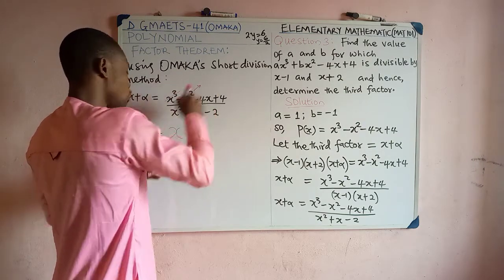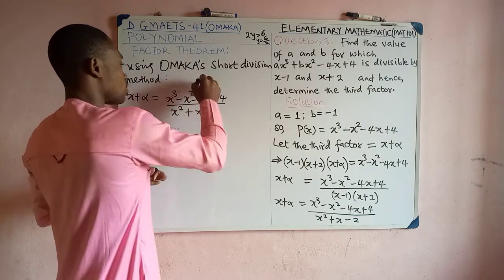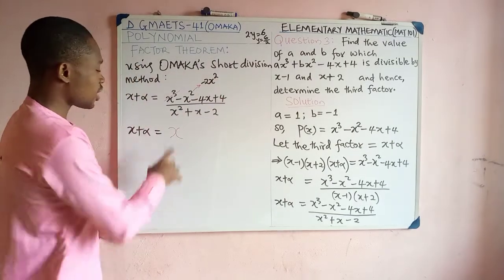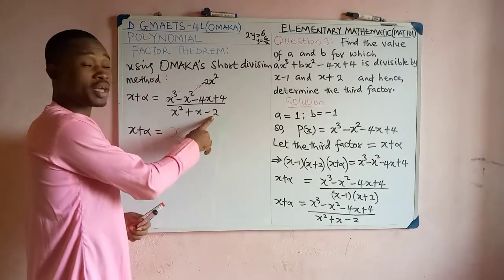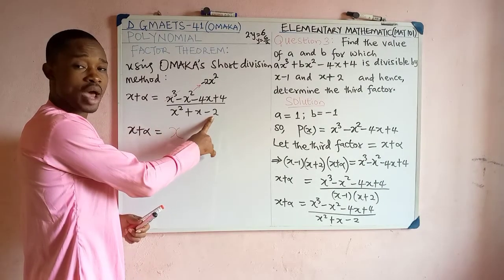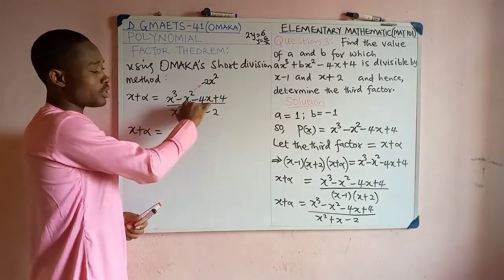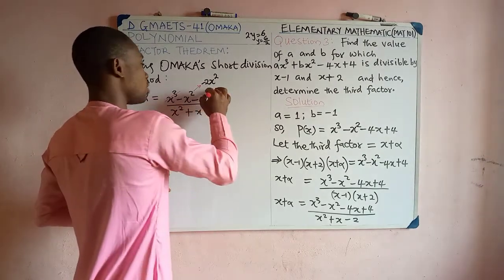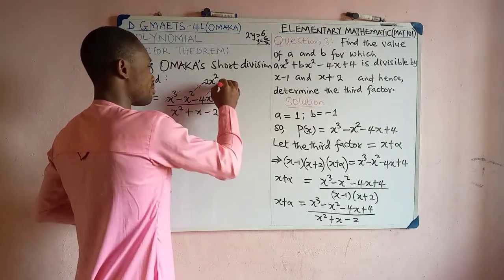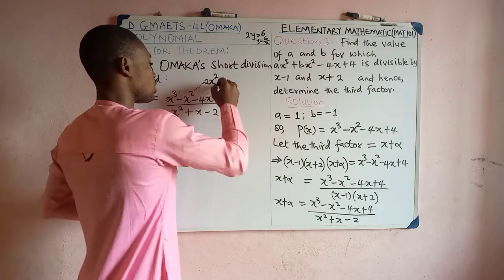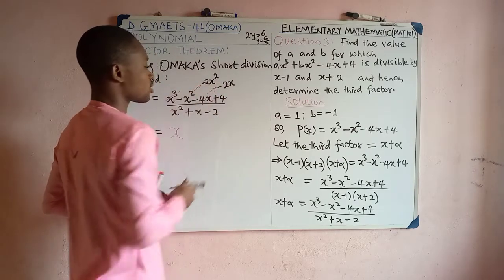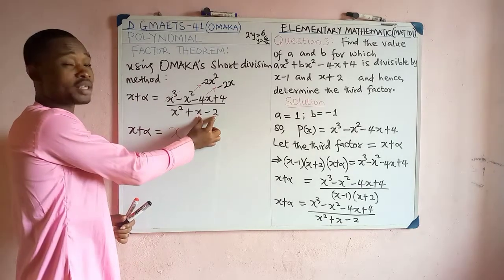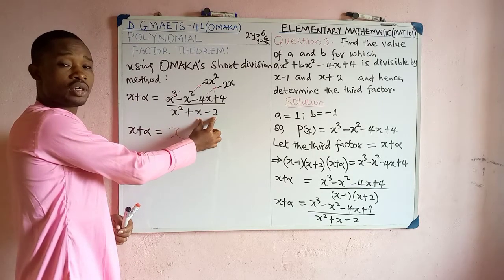This will produce minus 2x squared for us. Is that okay? Then again, x times minus 2 give us minus 2x. Change the sign, you get plus 2x. Add it to the like term, minus 4x here. So plus 2x minus 4x, if you add them up, you are going to get minus 2x. Alright, we've used this x to multiply these two terms that didn't take part in the process of division itself.